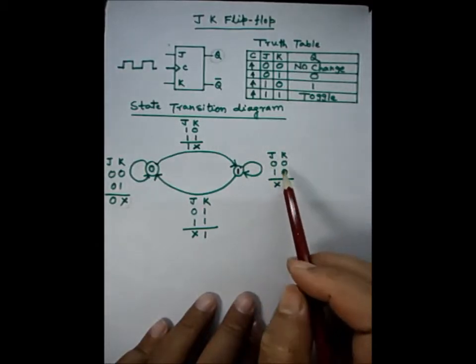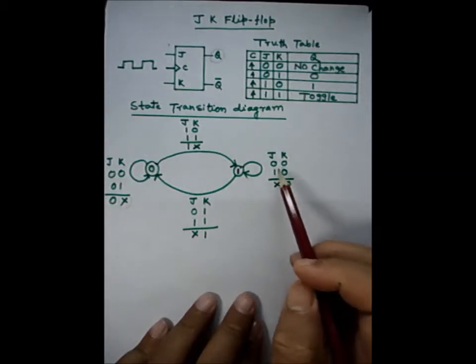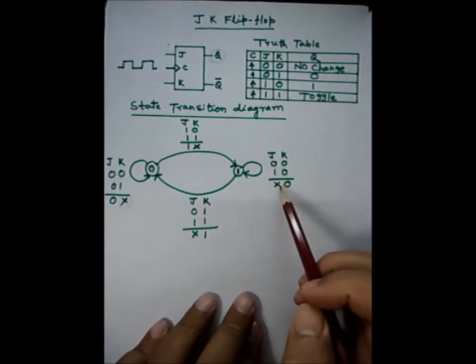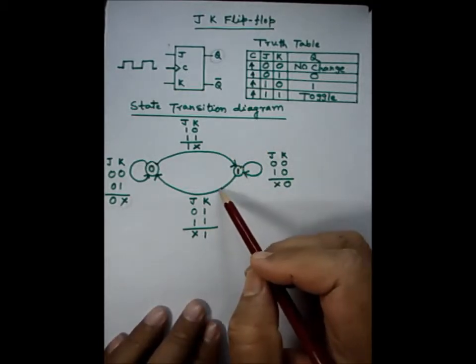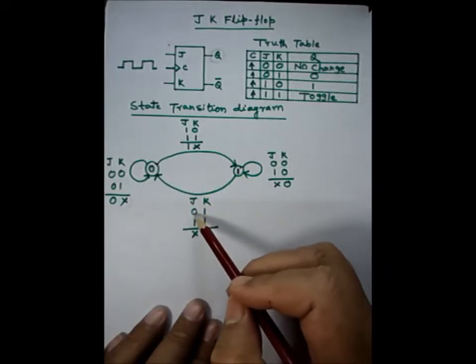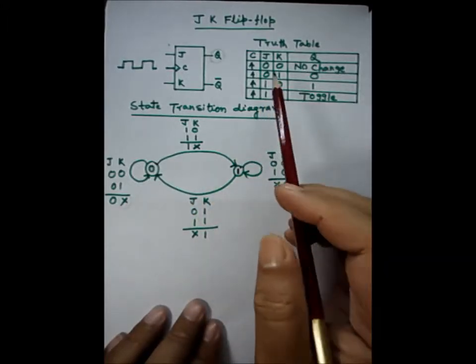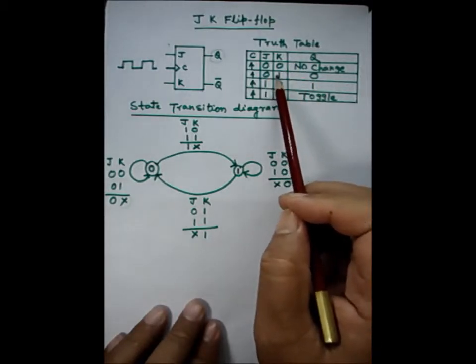If you combine these two, we get k equal to x, which means it may be a 1 or it may be a 0. Now let us take the scenario 1 to 0, these are the two conditions. Because it is coming to be 0, therefore 0, 1.